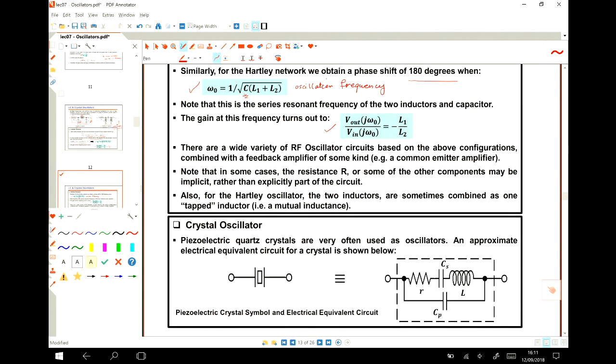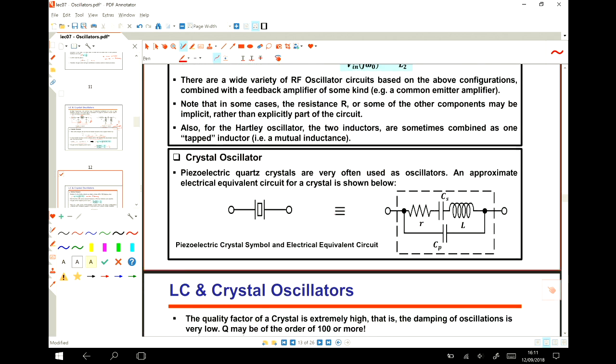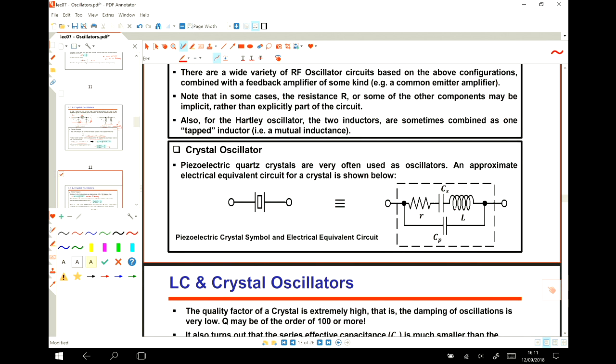We can replace those two circuits, the Hartley and Colpitts, with a simple crystal. So the crystal, you've seen in the lab, the model for the crystal we can write like this. Usually we use two capacitors here. Okay. So for example, C1 or C2.